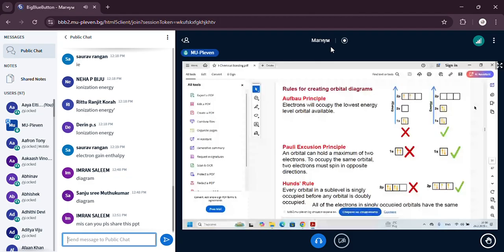And you can see an example. Which element configuration is this one? Looking at this configuration, can you find? 1s2, 2s2. Element number 4, because there are 4 electrons.